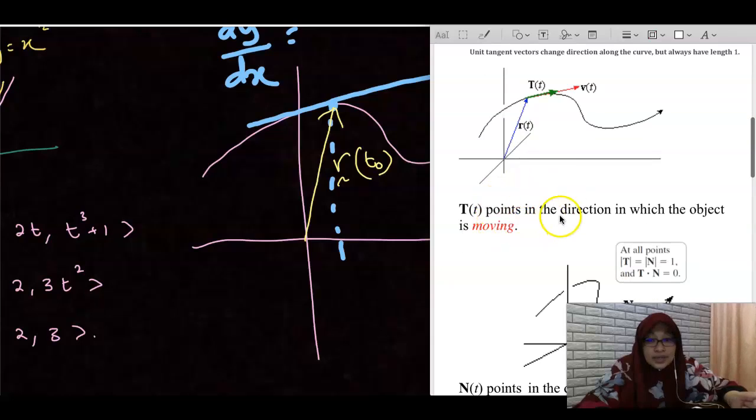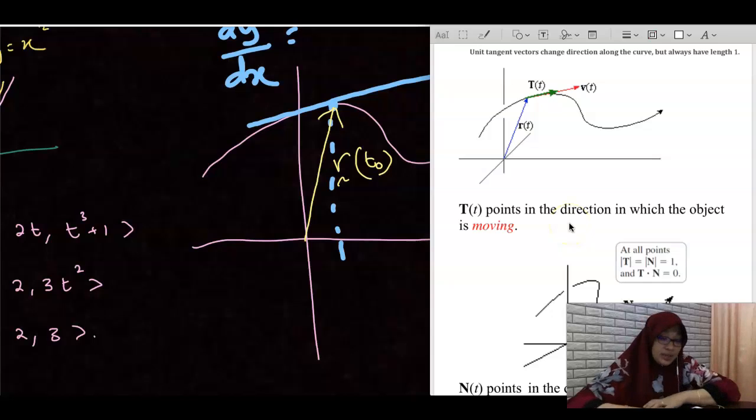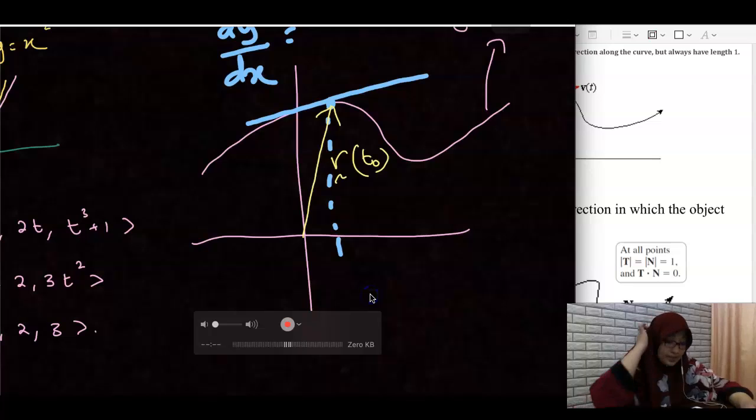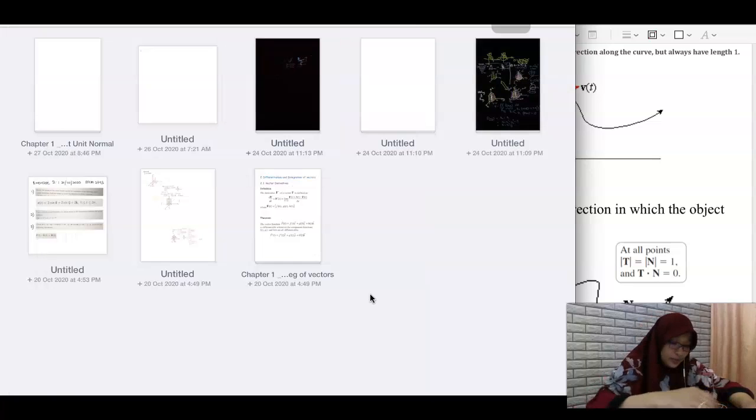Here the statement says that the unit tangent points in the direction in which the object is moving. So in this case, what does that mean? Let me share another diagram, because with this one I cannot jot down.